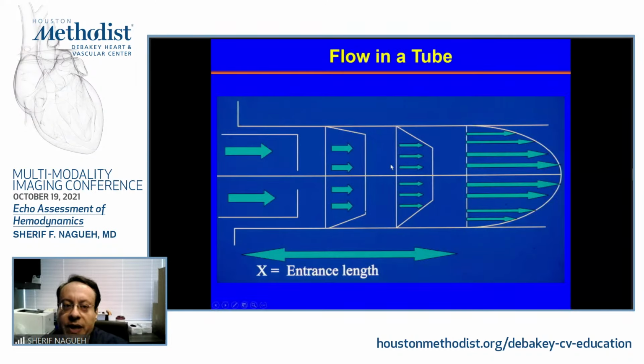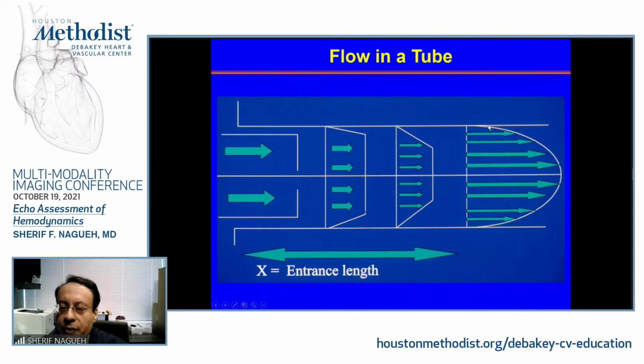Looking at flow in a rigid tube, with resemblance, as you will see, but with some differences to elastic tubes. First, let us see what happens. As the flow enters the tube, the flow moves with a high velocity, but then layers of fluid gradually get attached to that inner border of the tube, such that the layer of the fluid in immediate contact with this edge is not moving.